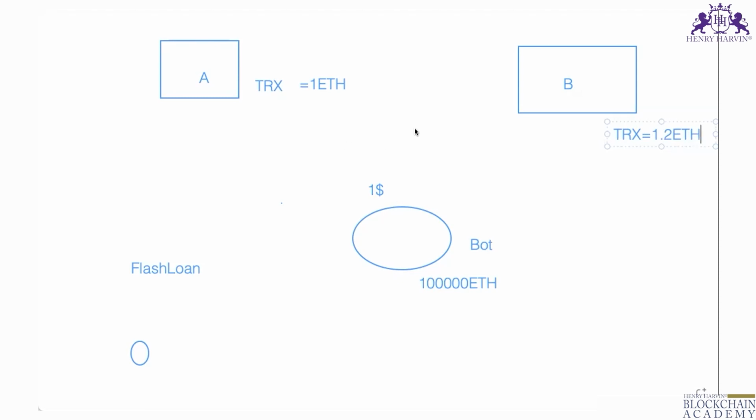Because you found an arbitrage chance due to the price difference, give 1 Ethereum, buy 1 TRX, and sell this TRX over here, so that you get 1.2 Ethereum. That means for 1 Ethereum spent, you get 1.2 Ethereum, so 0.2 Ethereum profit in one transaction.